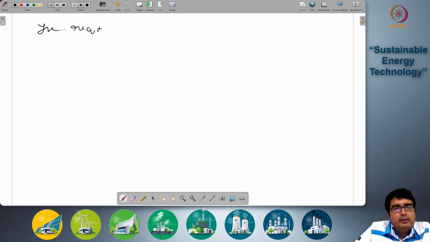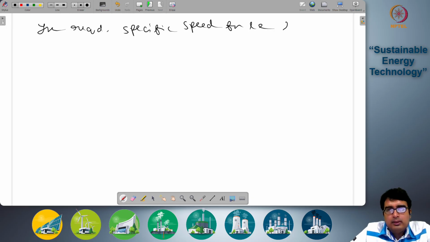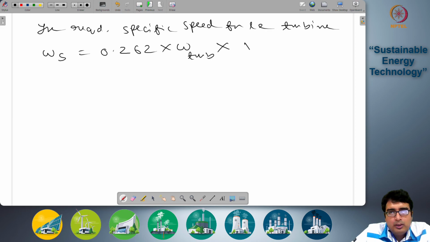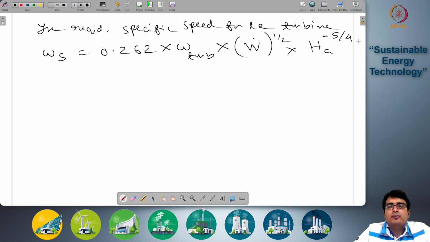So the required specific speed for the turbine, omega s, equals 0.262 into omega turbine into W dot to the power half, as we had discussed, into HA, available head, to the power minus 5 by 4.